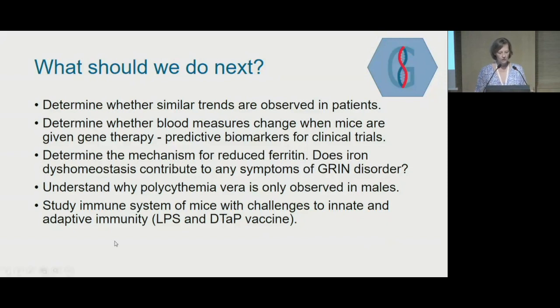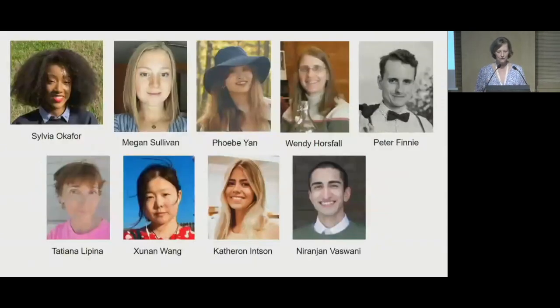And finally, we're going to be studying the immune system further with challenges to the innate and adaptive immunity using things that are like inflammatory stimulators, and things that would stimulate the production of antibodies, like a DTaP vaccine that children receive.